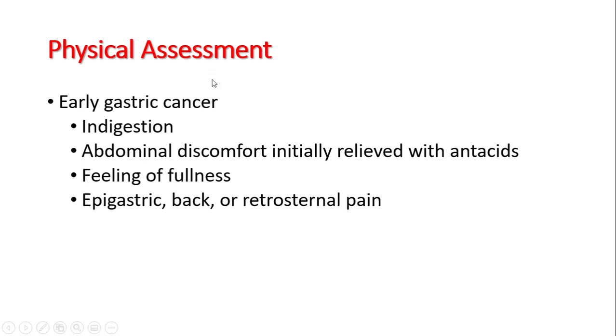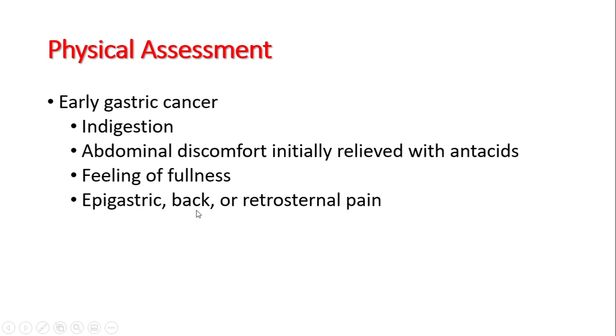Another physical assessment in early gastric cancer, one of the features is indigestion or dyspepsia, abdominal discomfort or fullness, or a feeling of heaviness that is relieved initially with antacid, and a feeling again of fullness and loss of appetite, anorexia.